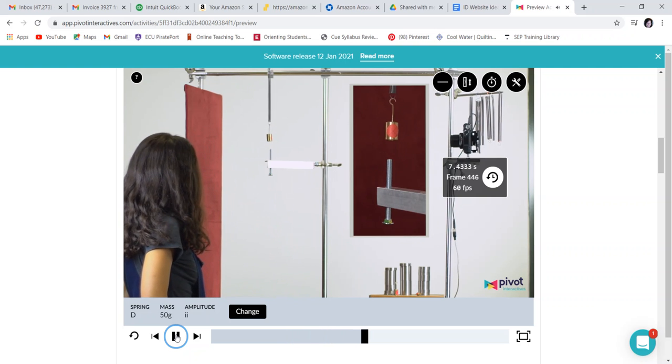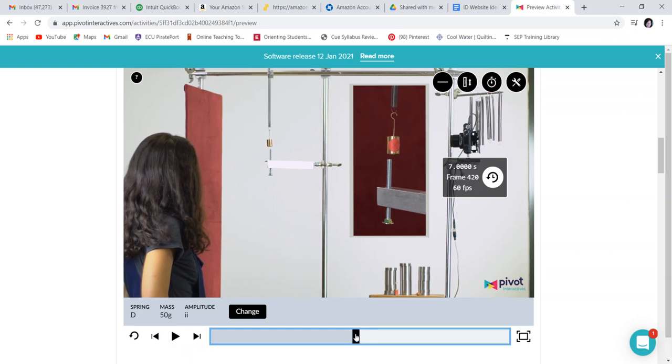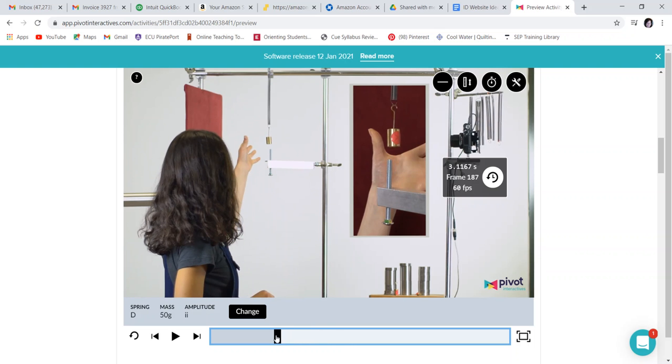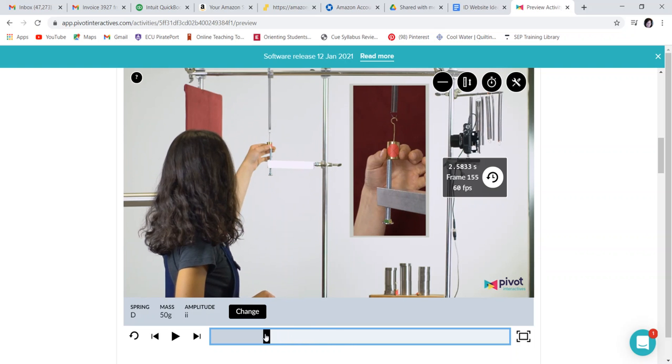If I stop it, it'll give me the timestamp, right? You're used to this. So what I want to do is get a point where it's at its lowest point and write down that time: 2.5833. And I want to count maybe 10 complete oscillations and stop it after that.